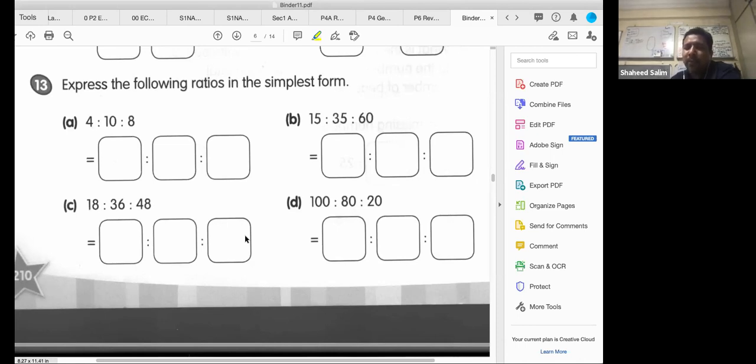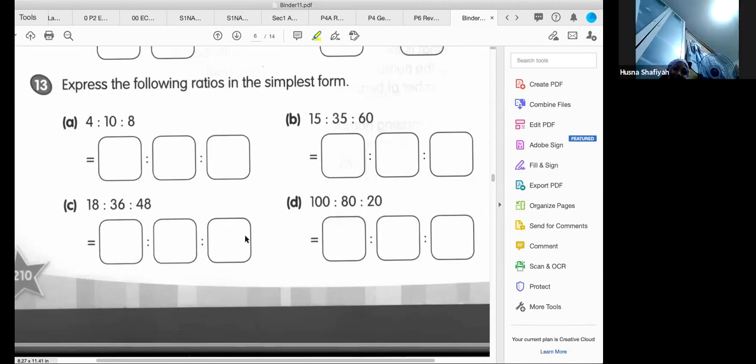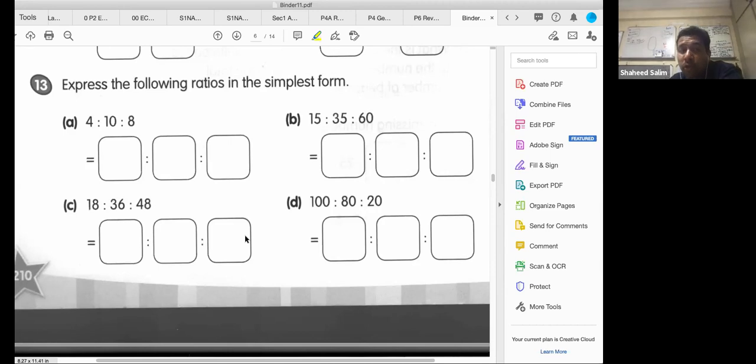Naomi, what are you doing? Focus, Naomi. Come, Naomi. Try your best. Hey, who's going to cancel? Shafia, don't cancel, Shafia. She gets angry. Why are you angry? Okay, Putri, well done for A. This one, they want you to reduce to lowest term, simplest form.